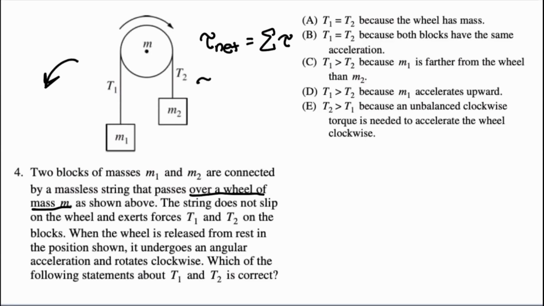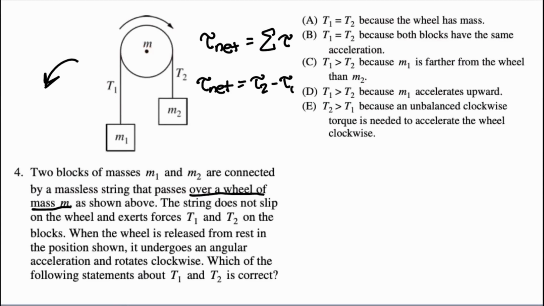So we can say that torque net is equal to torque 2 minus torque 1, because they're directed in opposite directions. And so again, in order for the pulley to rotate clockwise, torque 2 needs to be greater than torque 1. And therefore, the tension that creates torque 2, which is T2, has to be greater than the tension that creates torque 1, which is T1. They're the same distance away from the center of mass.